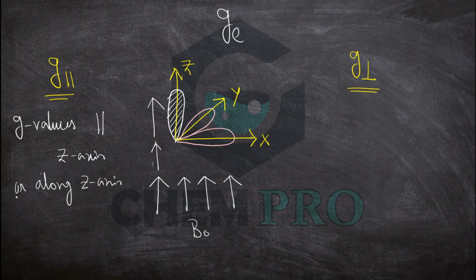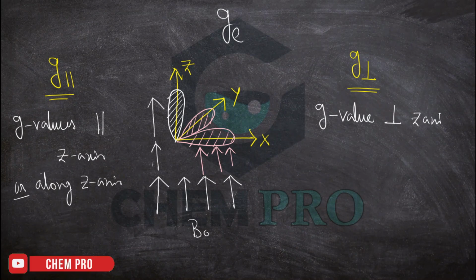Okay, and from here we can see that this orbital along the x and y axis is perpendicular to the external magnetic field. So we can say the G perpendicular value is nothing but the G values perpendicular to the z axis.